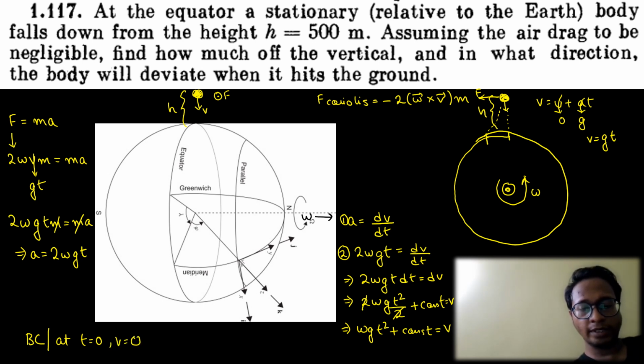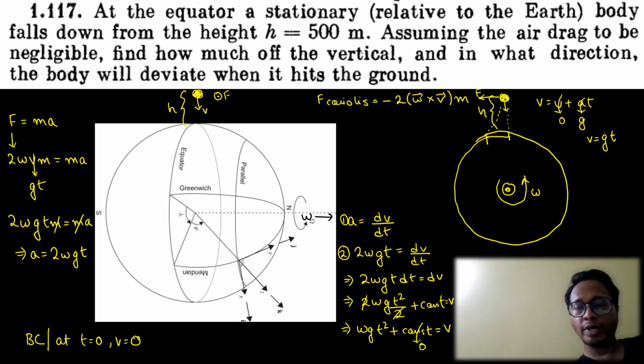See, when the particle was out here, there was no Coriolis force, and initially the particle wasn't projected with any horizontal velocity. So the initial horizontal component of velocity is equals to 0. So if you apply t is equals to 0 and v is equals to 0 in this equation, our value of constant is nothing but 0.